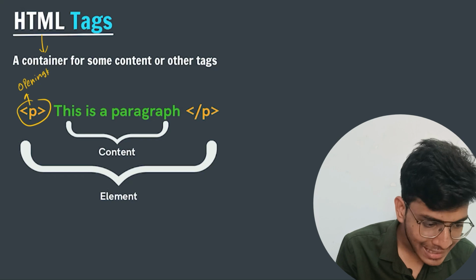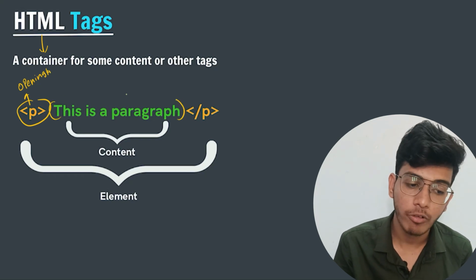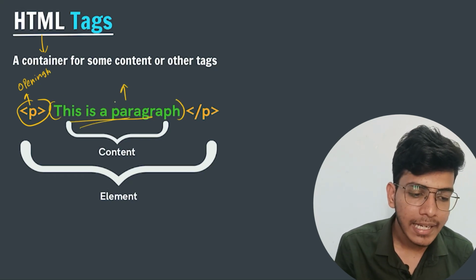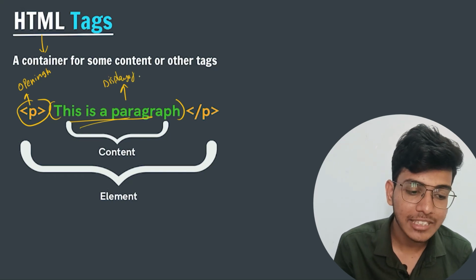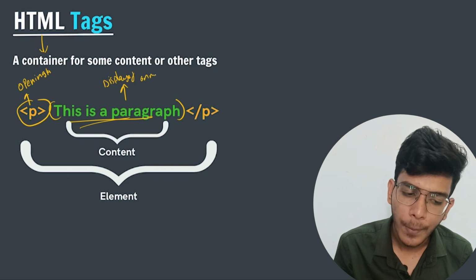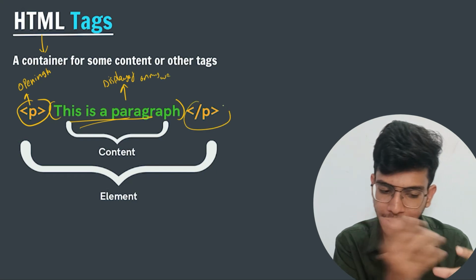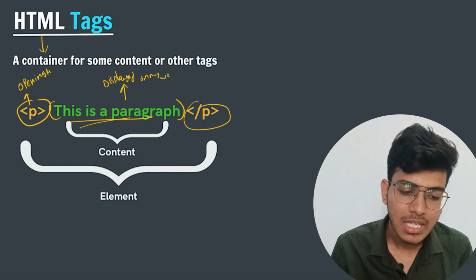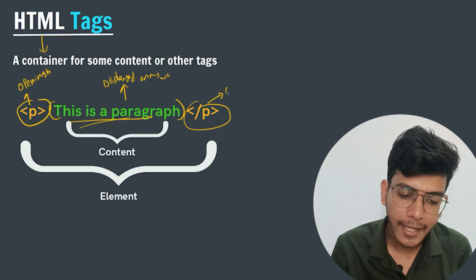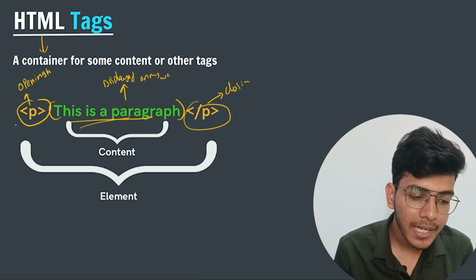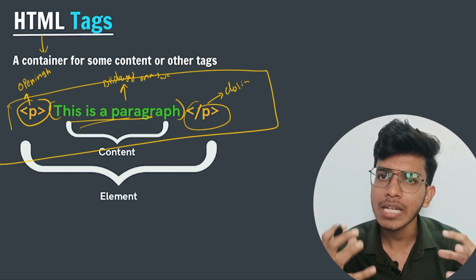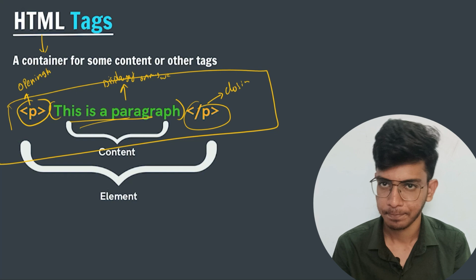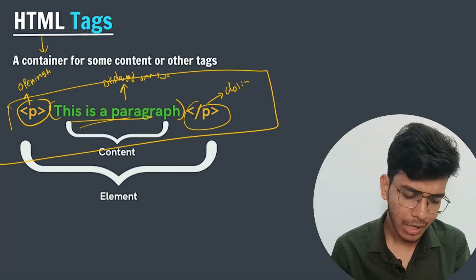Then I will write the content of my web page, and this content gets displayed on my web page. The closing angular bracket with /p is known as the closing tag. If I combine all of this, it is said to be a paragraph element. I hope you have understood.